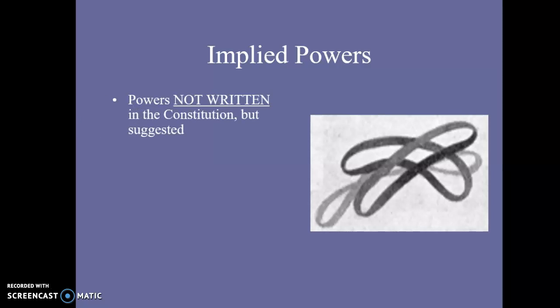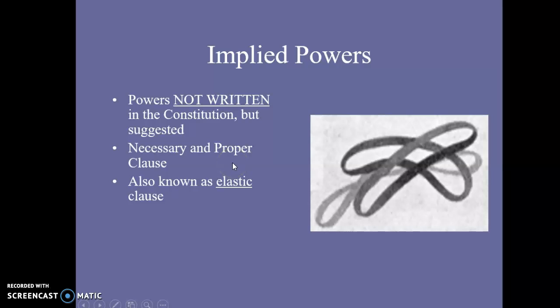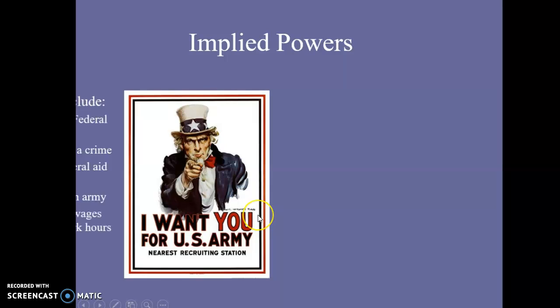Implied powers are those powers that are not specifically written down. They are broadly interpreted via the necessary and proper clause. This clause, as I had mentioned earlier, is also called the elastic clause. And these are the powers that Congress needs in order to conduct its business.